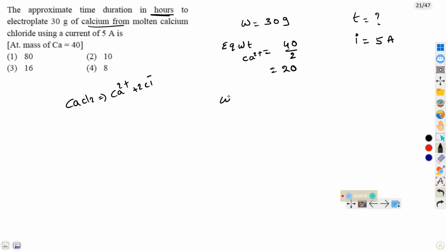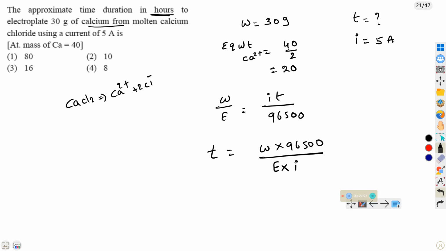Now according to Faraday's first law, weight by equivalent weight is equal to IT by 96500. Then time is equal to weight into 96500 by equivalent weight into current in amperes. That is 30 into 96500 by 20 into 5 amperes.